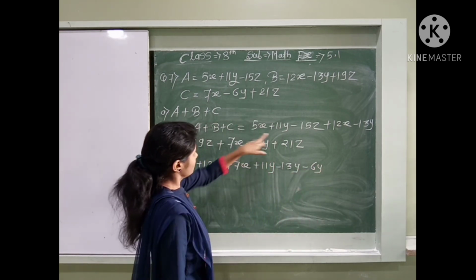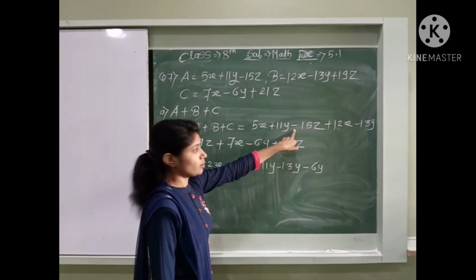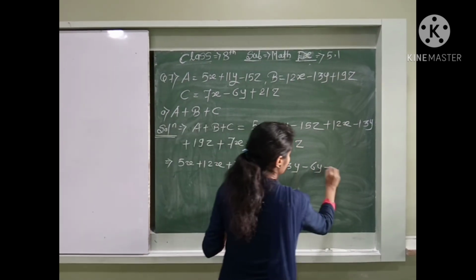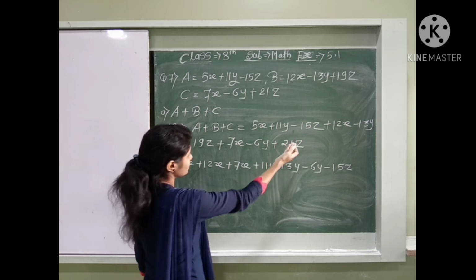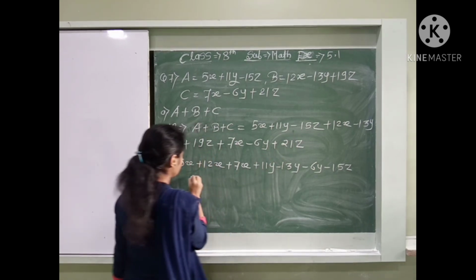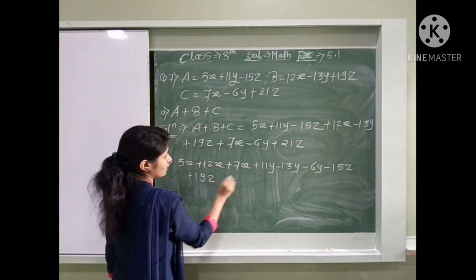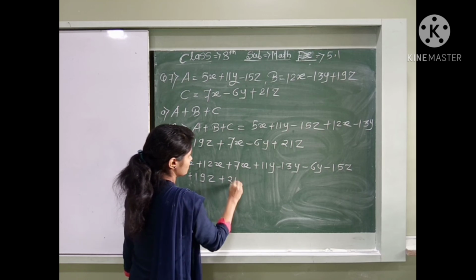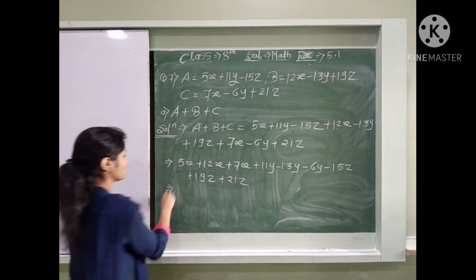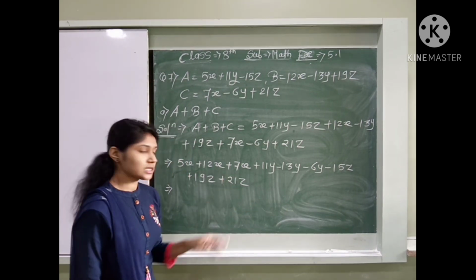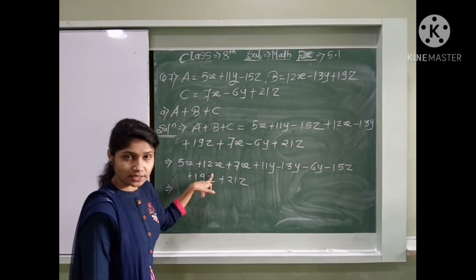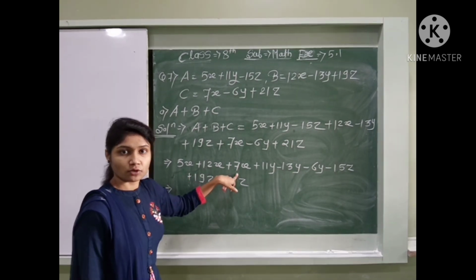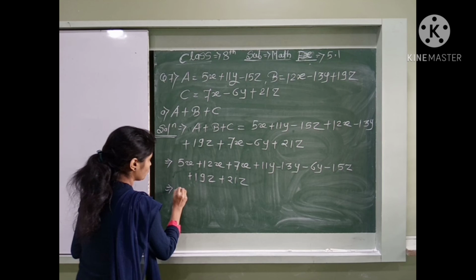Then collect the like terms of z: minus 15z, plus 19z, plus 21z. Now add 5x plus 12x plus 7x. 5 plus 12 is 17, 17 plus 7 is 24.